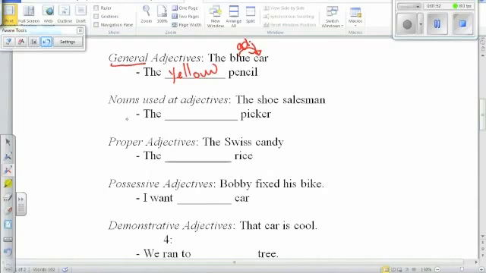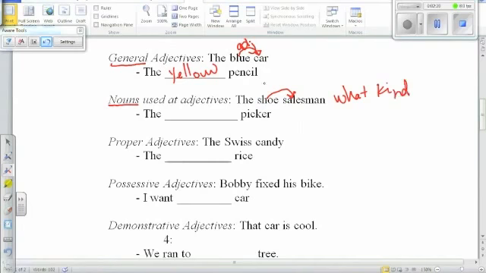Next, we have nouns used as adjectives. In this case, we're talking about something that's a word that sometimes is a noun, but sometimes can act as an adjective. For example, shoe. Shoe is a noun. It's something that we put on our feet. But in this phrase, the shoe salesman, shoe is actually telling me about salesmen. It's telling me what kind of salesman.